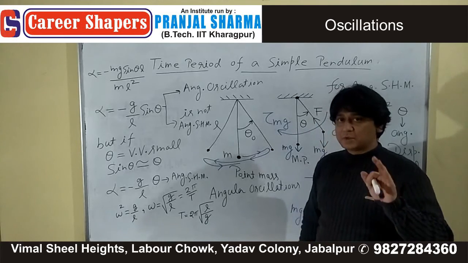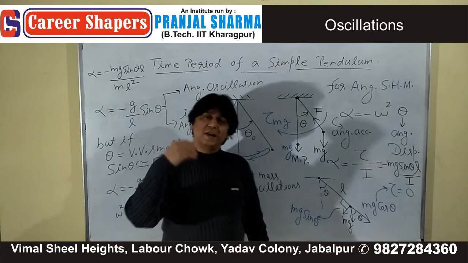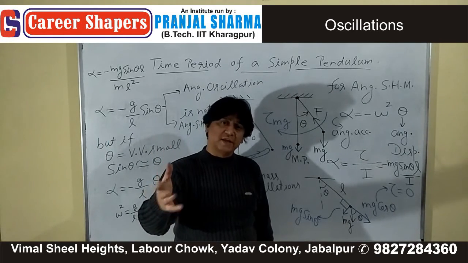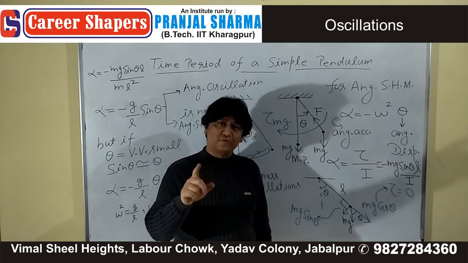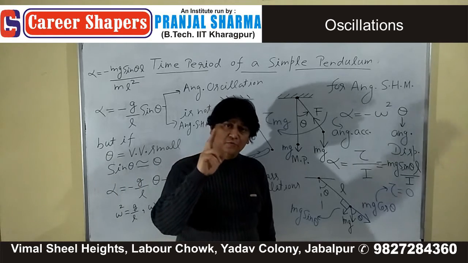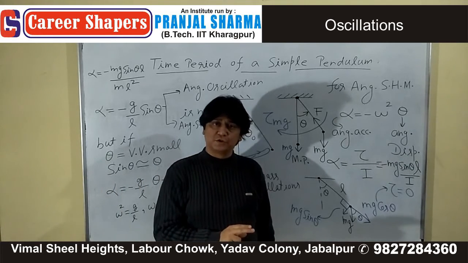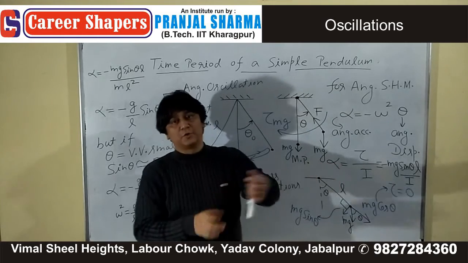So remember the steps for this time period. For any system which oscillates and performs simple harmonic motion, these are the simple steps. Go and find the mean position. If it is linear, find out that position where net force is 0. If it is angular, find out that position where net torque is 0.